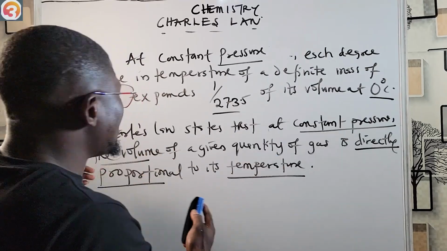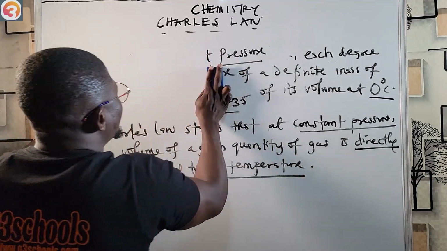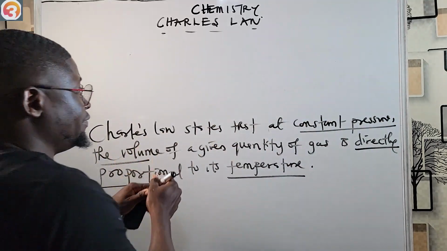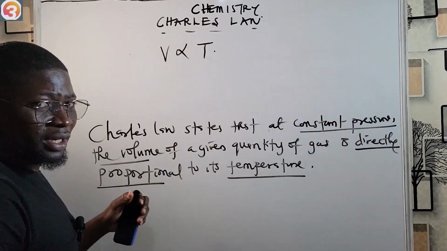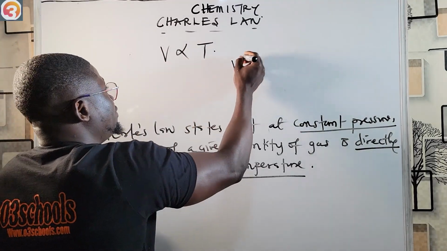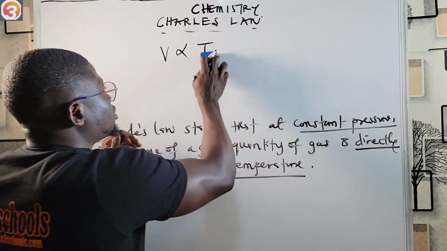So now the mathematical representation of this. We know from the definition that volume is directly proportional to temperature. This is not inverse proportionality. If it was inversely proportional to temperature, we would have said V is inversely, right? But this is a direct proportionality.